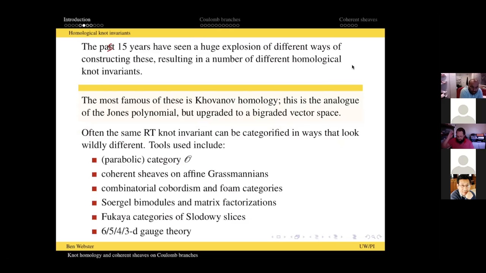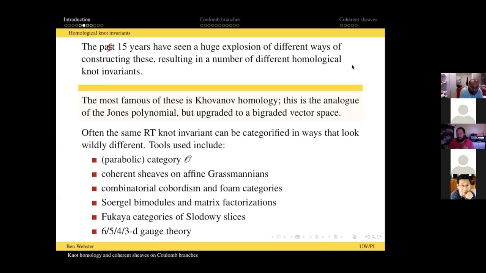Some people use parabolic category O, or this work of Cautis and Kamnitzer using coherent sheaves on Grassmannians, work of Lauda, Khovanov and Rose, and also Mackaay, Stošić, and Vaz preceding that, using combinatorial cobordism and foam categories, adding in relations.